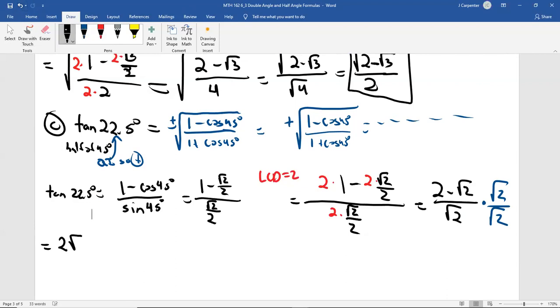So we get 2 square root of 2 minus square root of 4 all over square root of 4. Again, this square root of 2 times square root of 2 and this square root of 2 times square root of 2 gave us the square root of 4's, which are both 2's. So 2 square root of 2 minus 2 over 2. And what's really cool is all of these have a common factor of 2 on the outside. So 2, 2, 2, those are all now 1, 1, and 1.